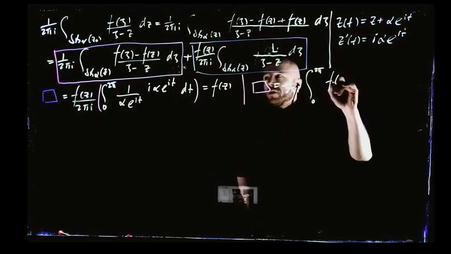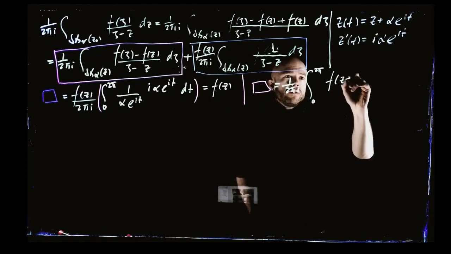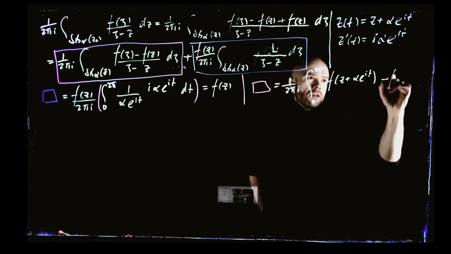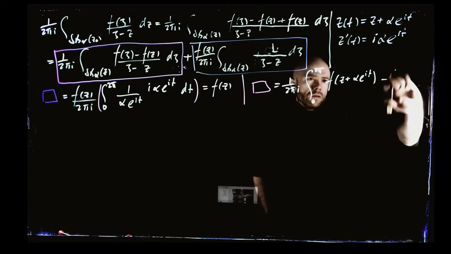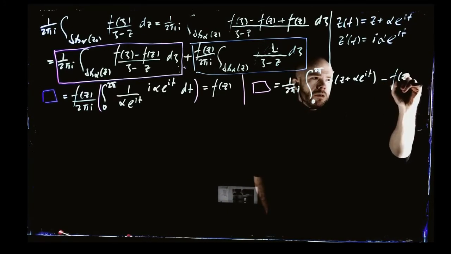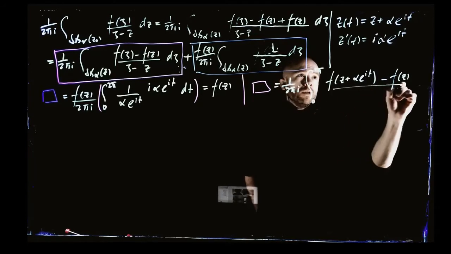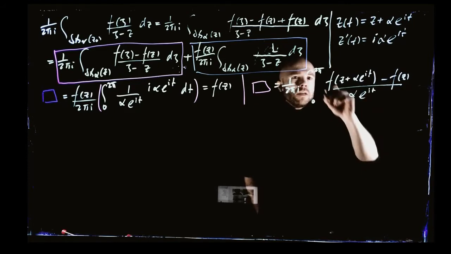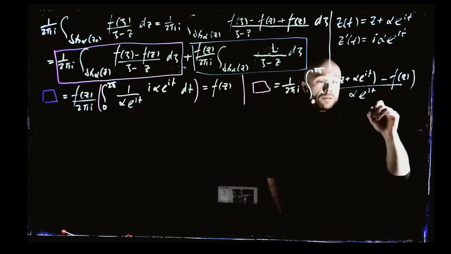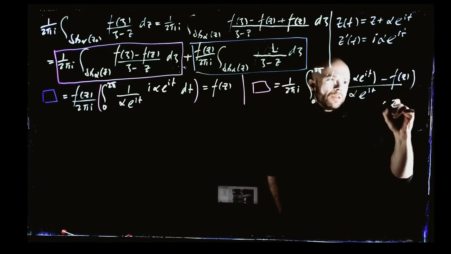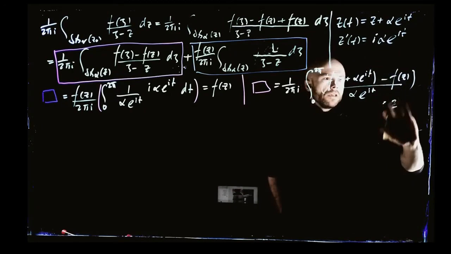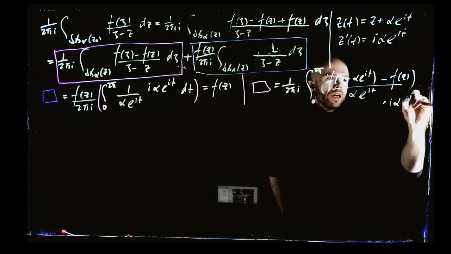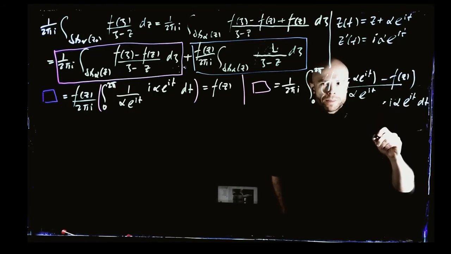So we're going to have f of z plus alpha e to the it minus f of z, and then on the bottom we are just going to have alpha e to the it, and then this is multiplied by z prime of t, and z prime of t is this thing here, so it's just i alpha e to the it dt.